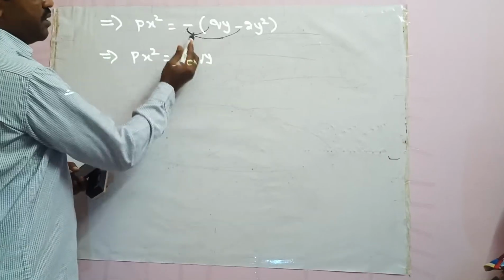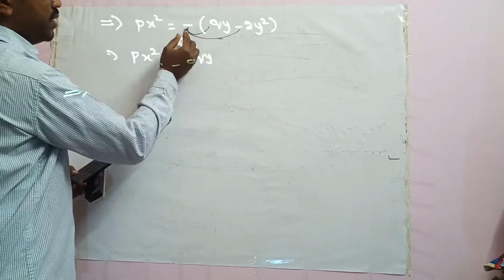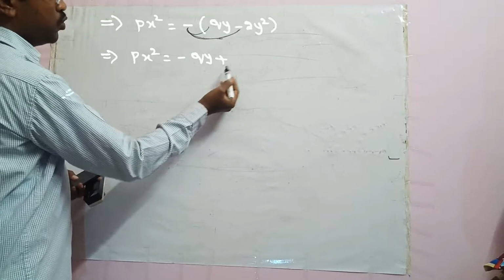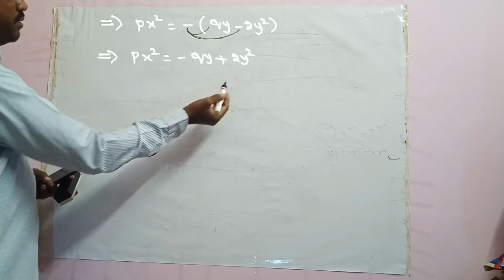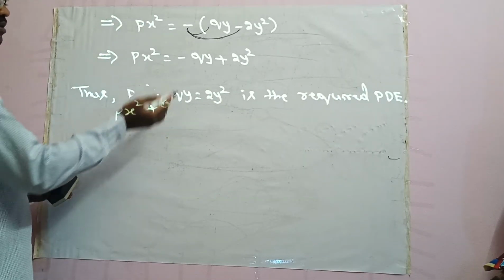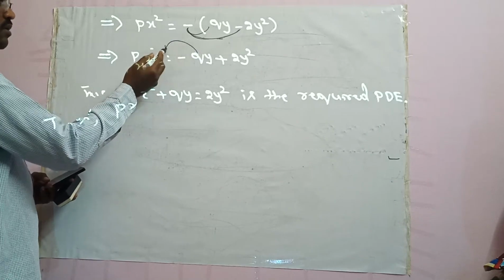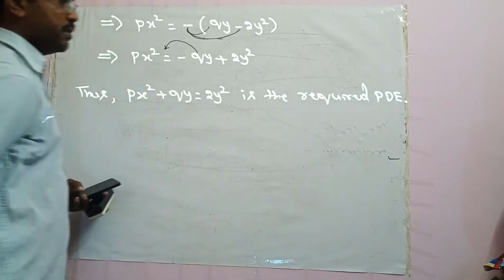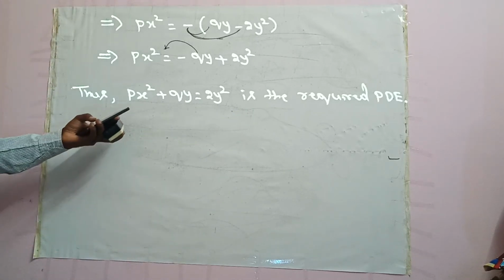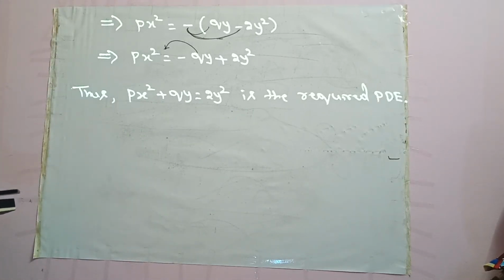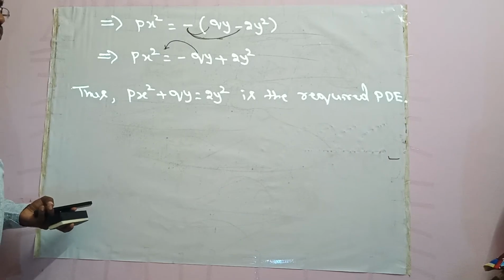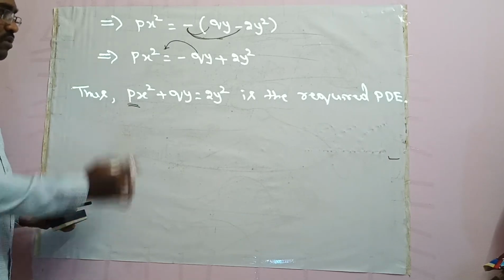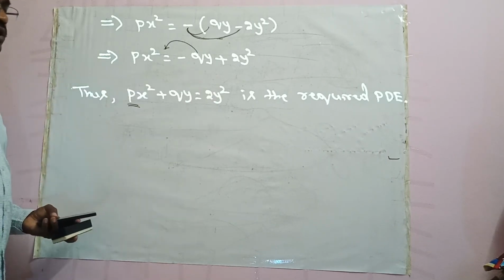Minus qy, minus into minus plus 2y square, right? So if you rearrange this by taking minus qy to the other side, if you rewrite like this, is the required PD. So we have eliminated our f dash from the function to form the PD. This is our partial differential equation.